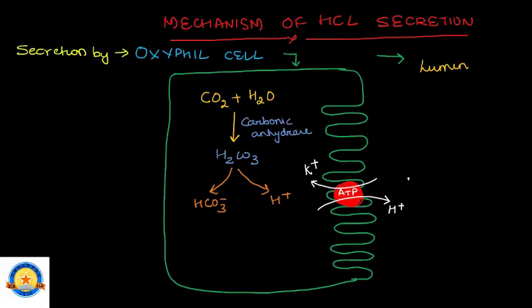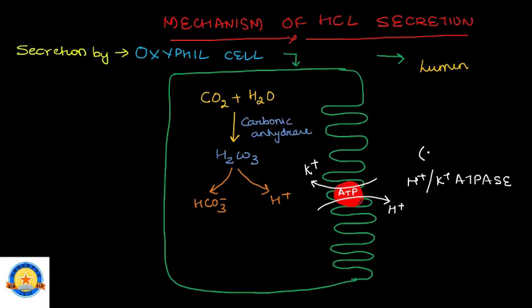The name of the pump is H positive K positive ATPase. This is a proton pump, and it is because of this pump that we get H positive ions in the lumen.